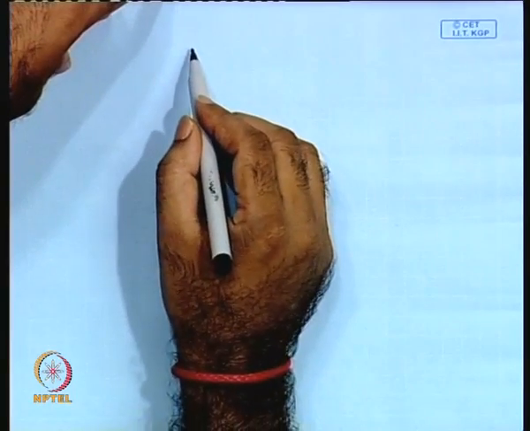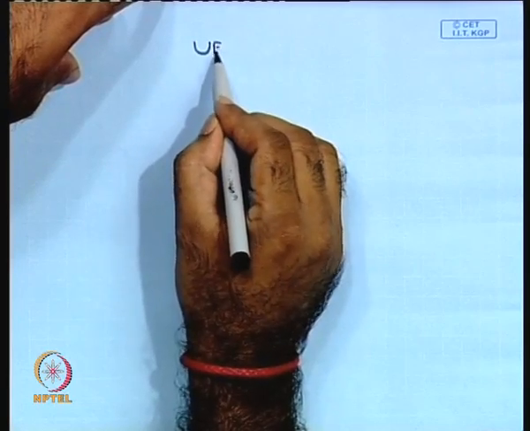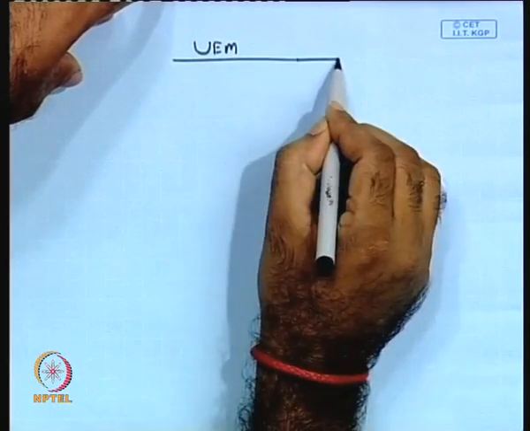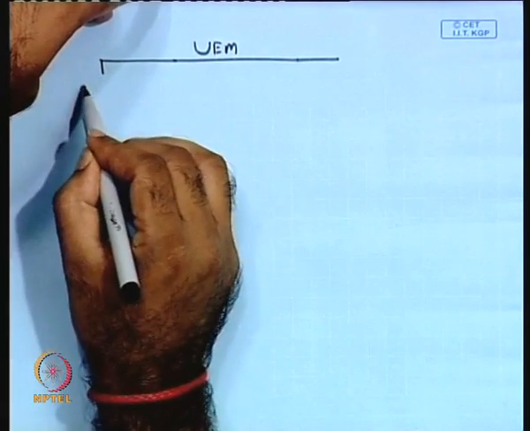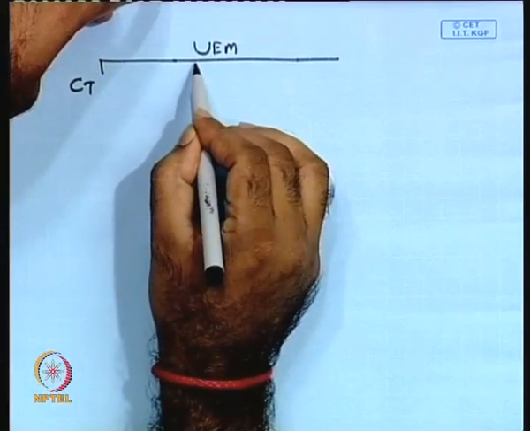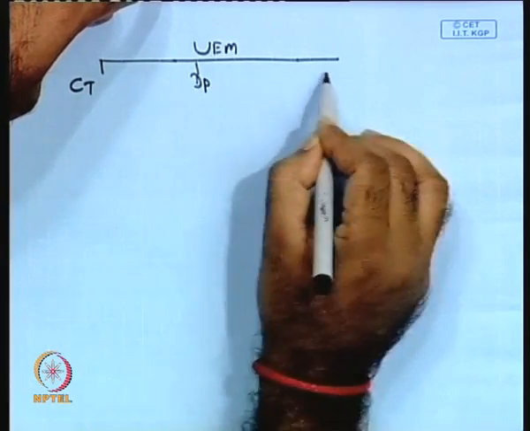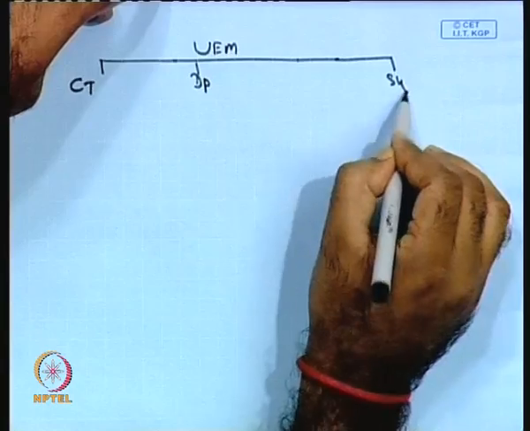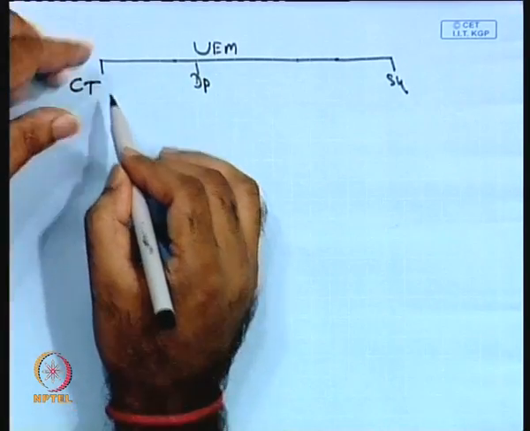Now we proceed to other issues of univariate econometric modeling. In univariate econometric modeling, we have the set of central tendency, dispersion and skewness. Central tendency we have already discussed.